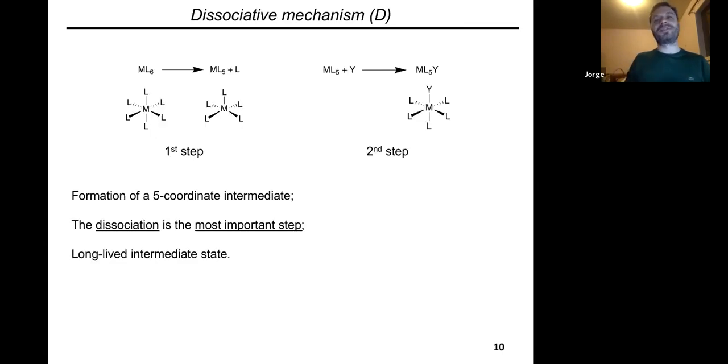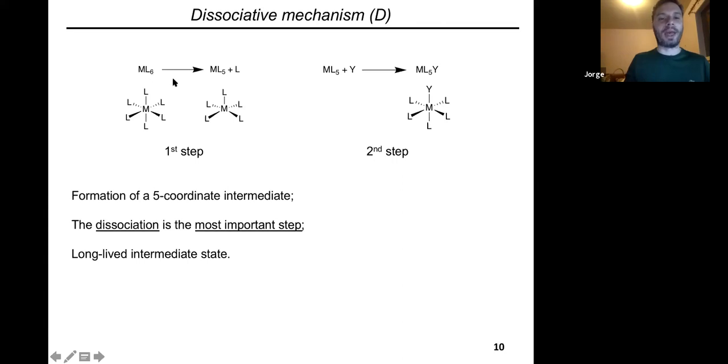So the dissociative mechanism means that the first step consists of the dissociation of the complex. As you can see here, one ligand is kicked out from the coordination sphere.